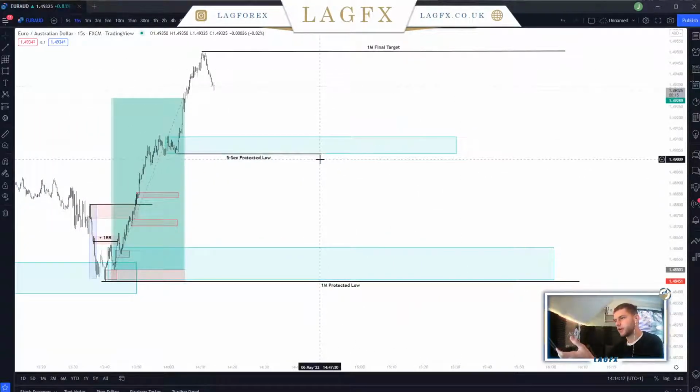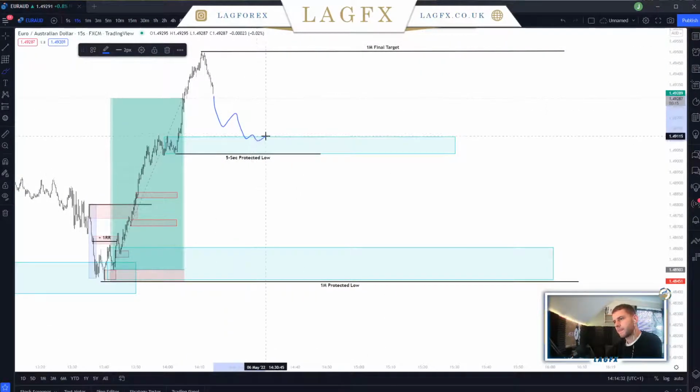It's not guaranteed price will react to one of these zones, but this is just what my analysis and my strategy is telling me. As stated, I'm not going to look to do it, but we could, if price breaks this low, then look to go short. So if I give you an example of that, we see price break that low, and then we take this as an impulsive wave. Say we potentially have a supply zone in here.